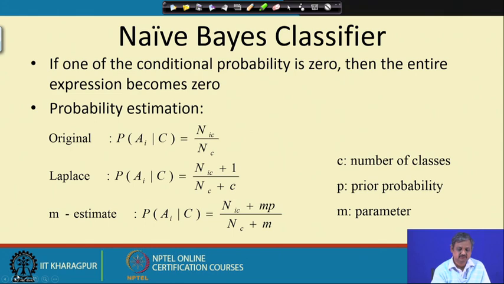The idea of smoothing. So, if my actual estimate is this, and if this is 0, I do not make it 0, I add a small term 1 and divide it by C. So, this entire thing will be small, but not 0.